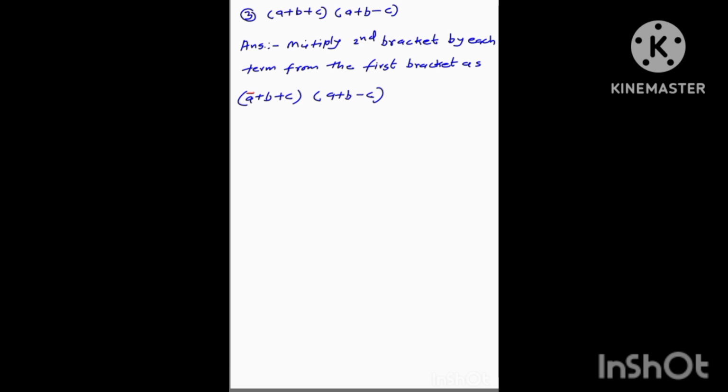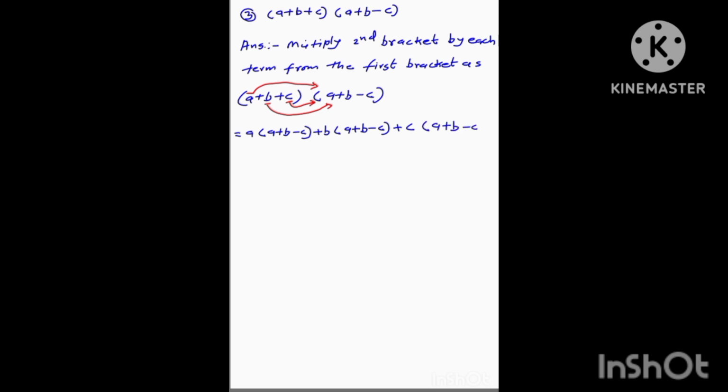Now see, a plus b plus c: the a is to be multiplied to the whole bracket a plus b minus c, then b to this bracket and c to this. Okay, so we will carry out like that: a into a plus b minus c, plus b into a plus b minus c, and plus c into a plus b minus c.